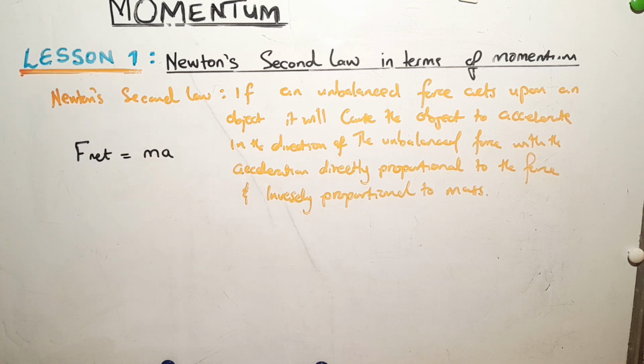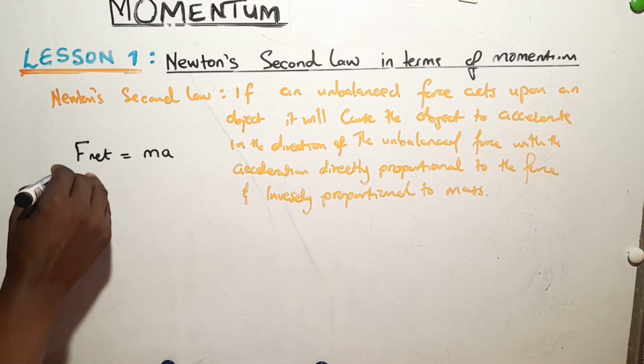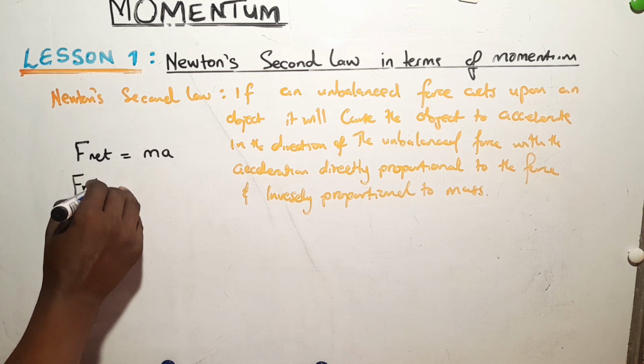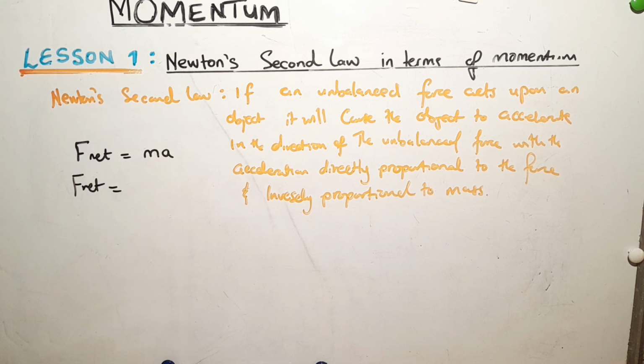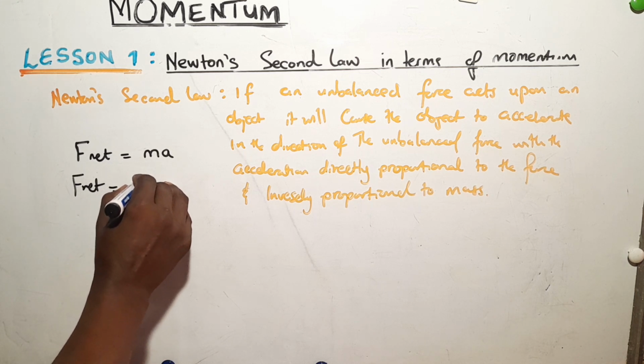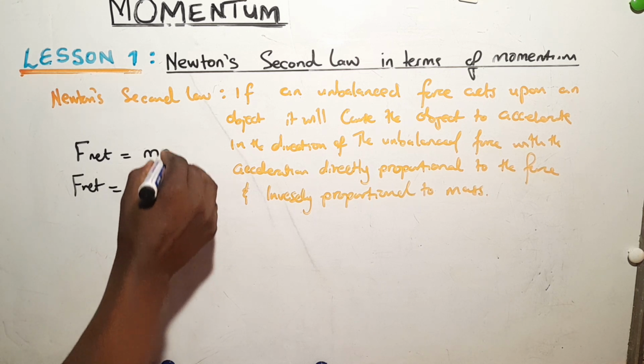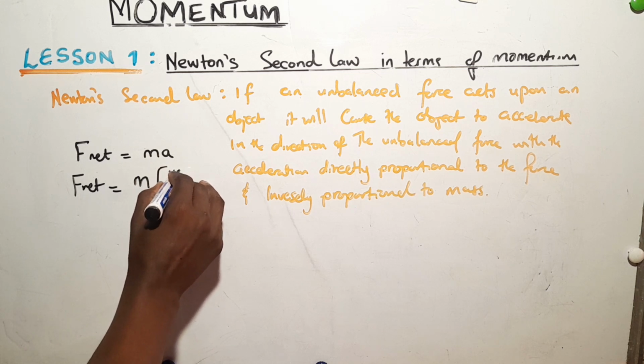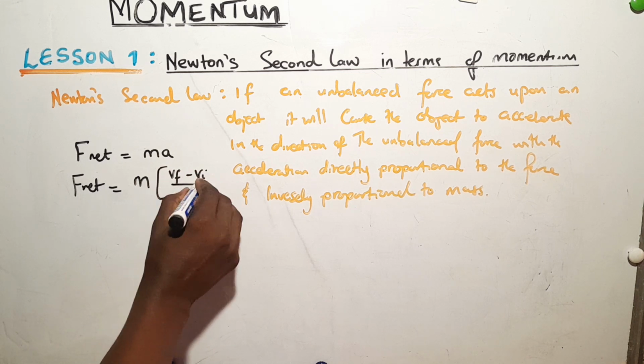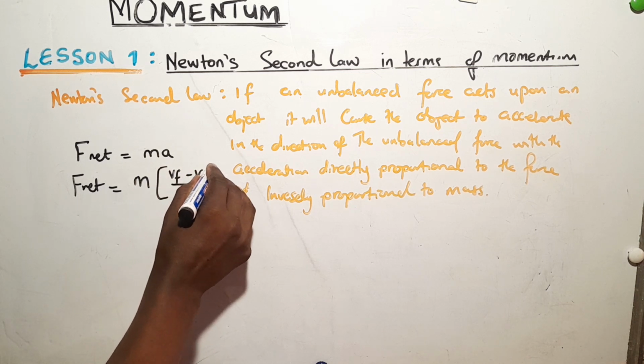But now we are going to try to use this in terms of momentum. So how can we do that? We know that acceleration is change in velocity over change in time. So F net is equal to the mass, and we can represent acceleration by Vf minus V initial over change in time.